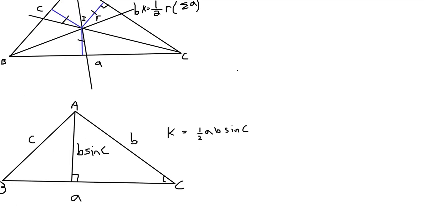The law of sines states that if you take any length of the triangle and divide it by the sine of the angle opposite, so in our case, if I take little c and divide it by sine of C, then this will give us twice the circumradius of the triangle.